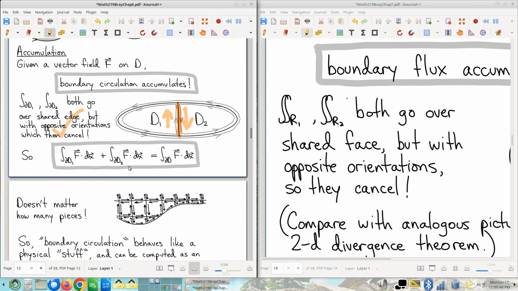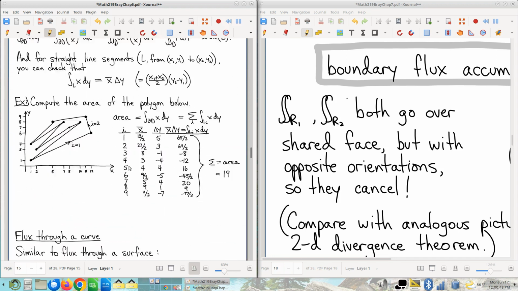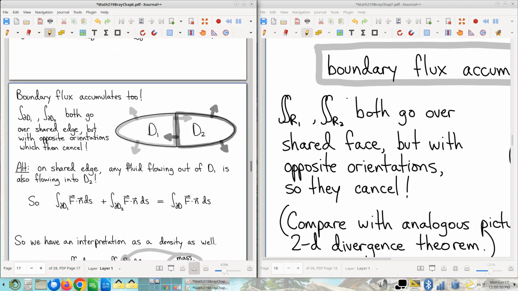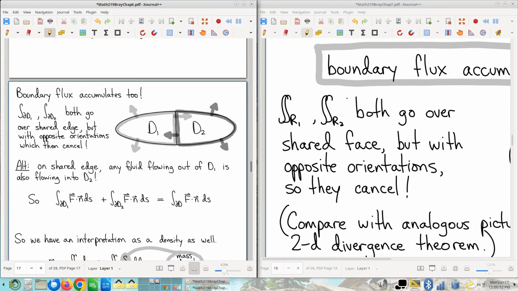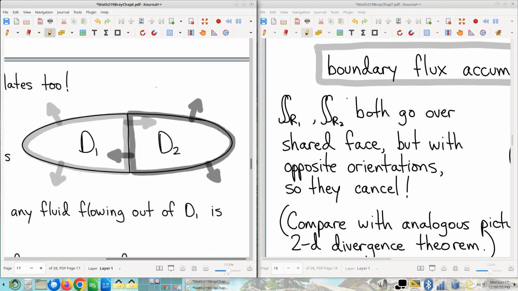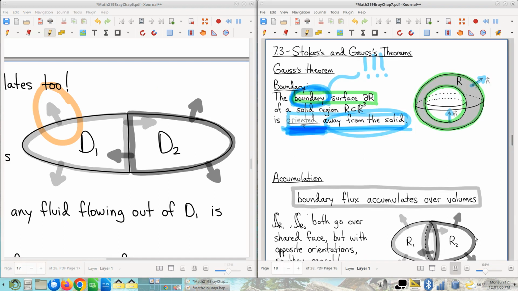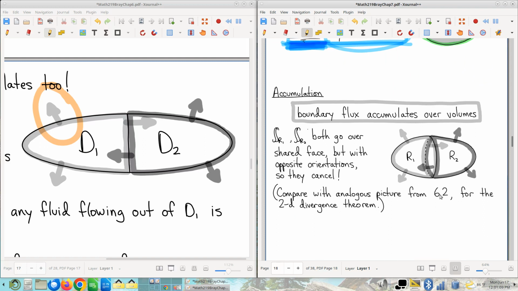But now, a reminder: when we think about flux through a curve, we made this observation that you can think of the two-dimensional divergence theorem as flux through. And these two pictures really are super analogous.